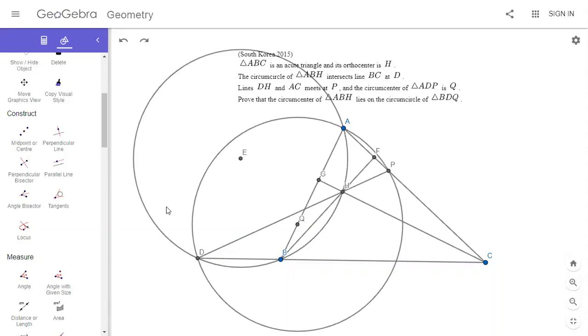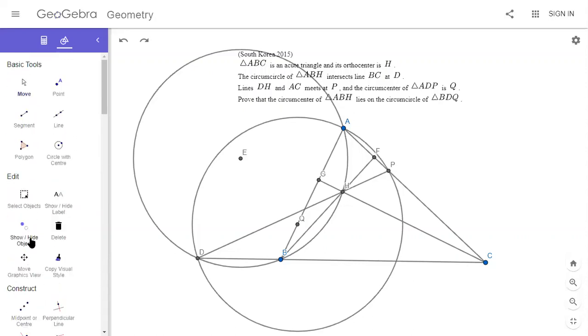Maybe. Yeah, because I feel like this is just weird. Let's try it from the other end. So what if I redefine Q?